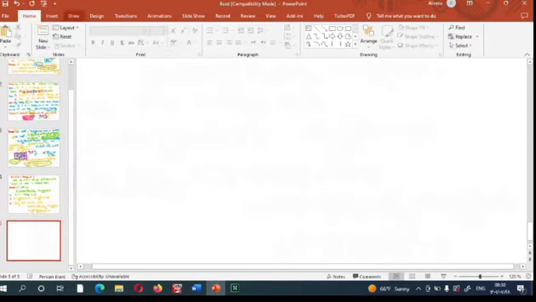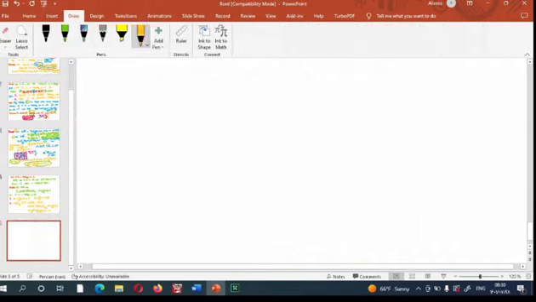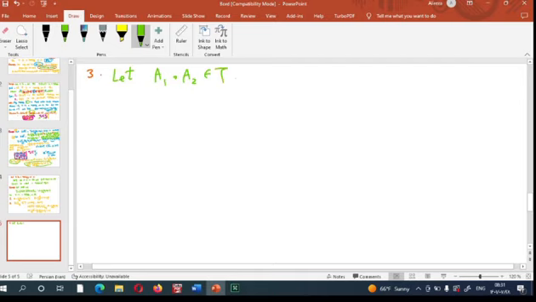And the third property. Let's, for example, A1 and A2 belong to tau.